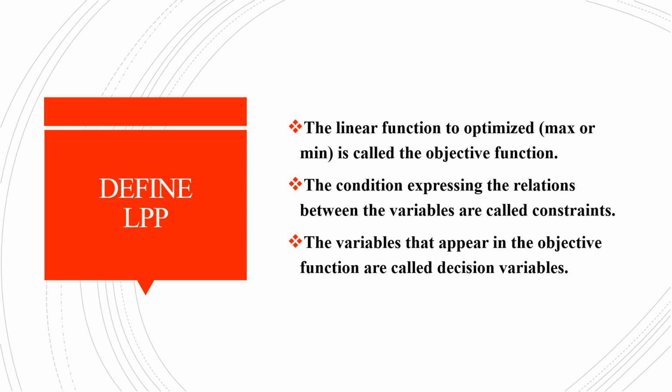Second, the conditions expressing the relations between the variables are called constraints, which means subject to a set of linear equations or inequalities, called the constraints or restrictions. Third, the variables that appear in the objective function, x1, x2 up to xn, are called the decision variables.